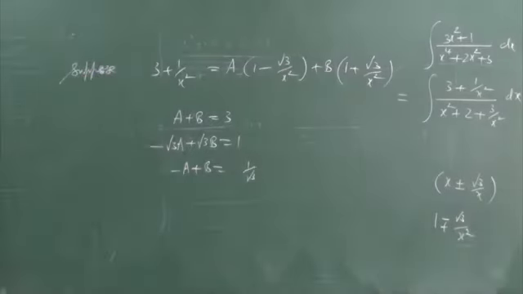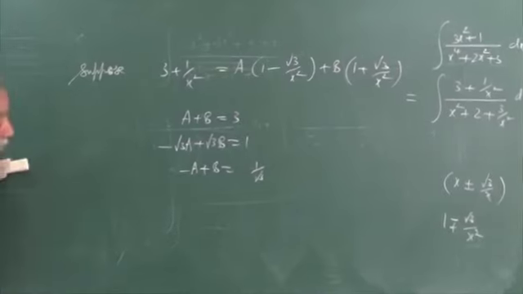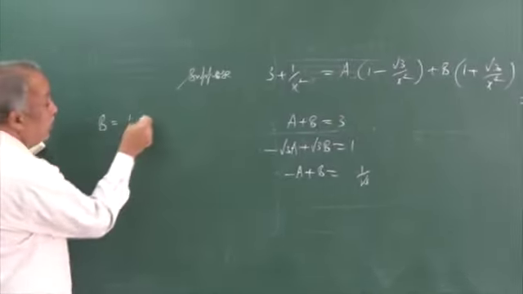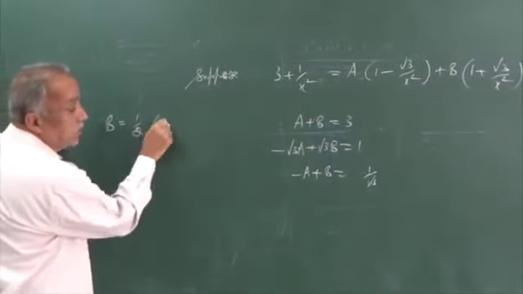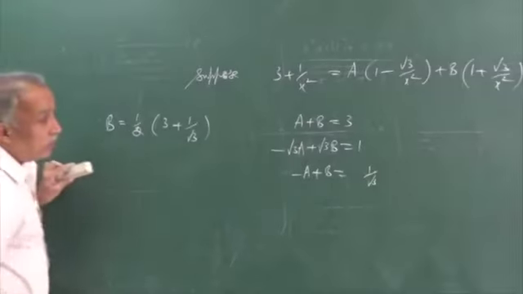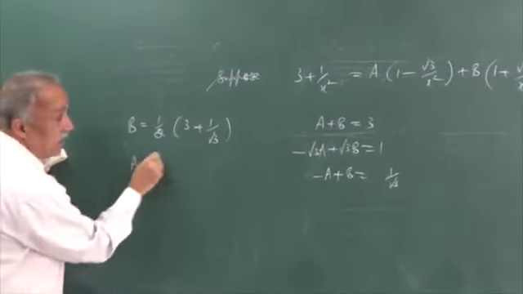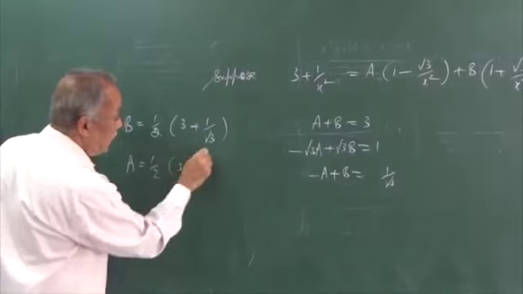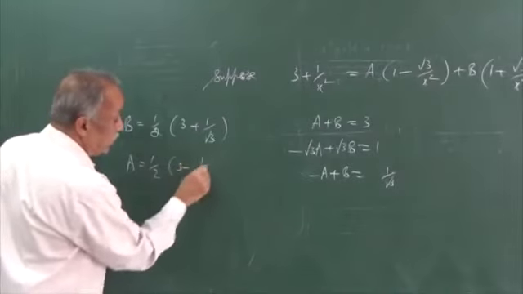Solving the two equations, adding, you will get b as half of (3 + 1/√3). And subtracting one from the other, you will find a as half of (3 − 1/√3).